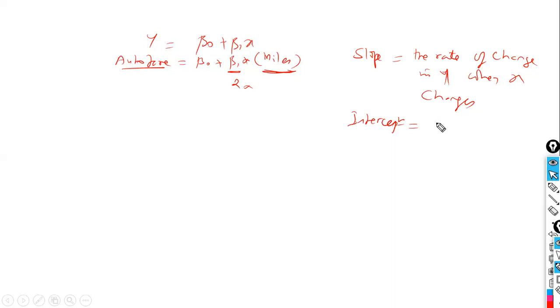But if you have to tell the story, when x is 0, the estimated average value of your y, that is your intercept.